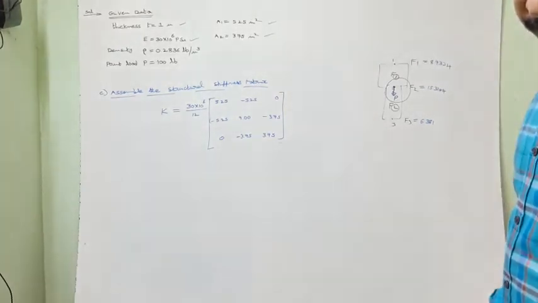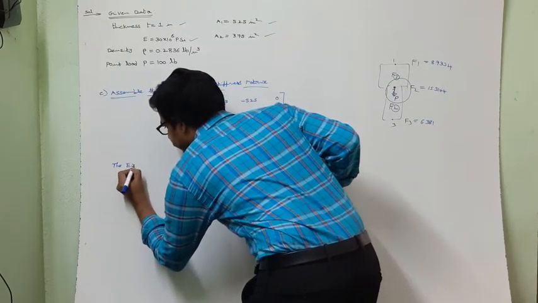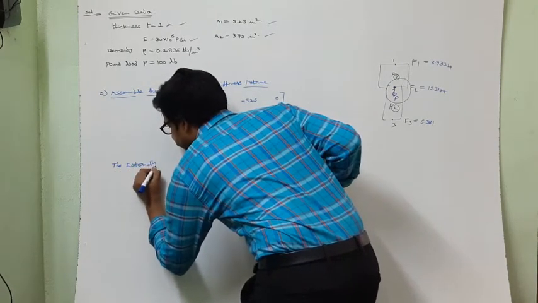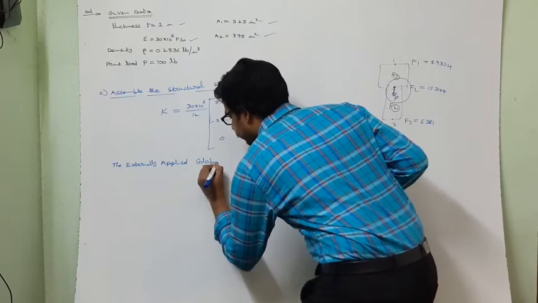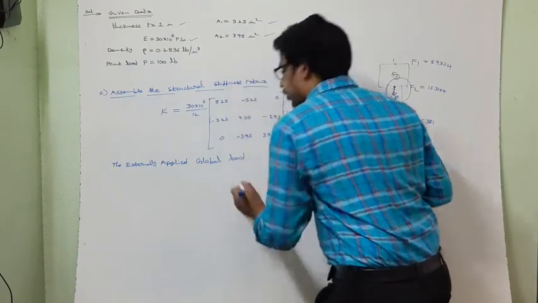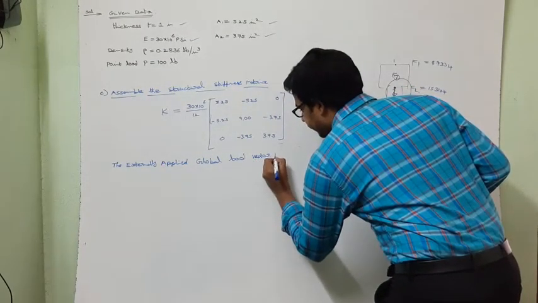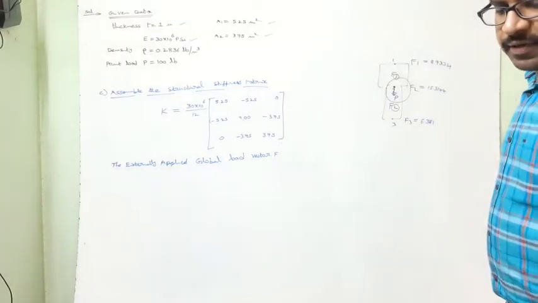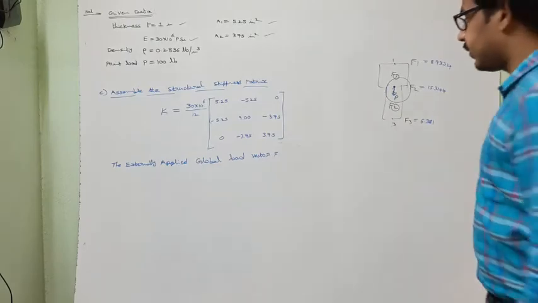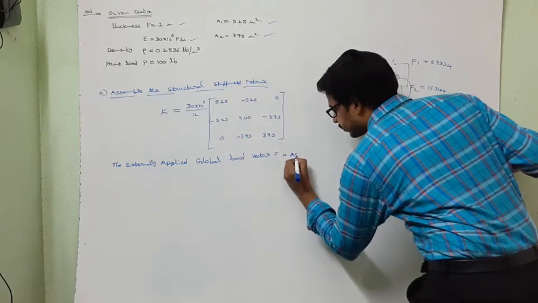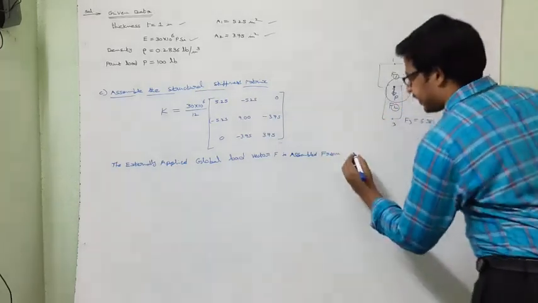So in the second one, the externally applied global load vector F is assembled from F1 and F2 of the previous one.